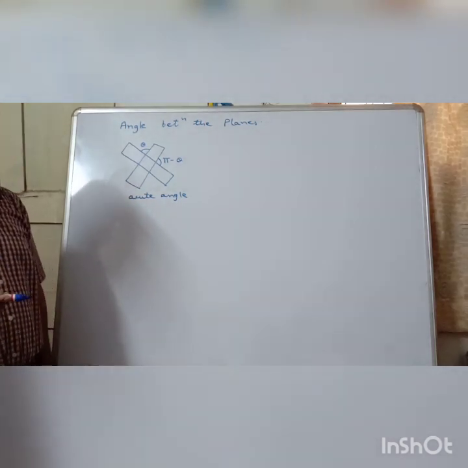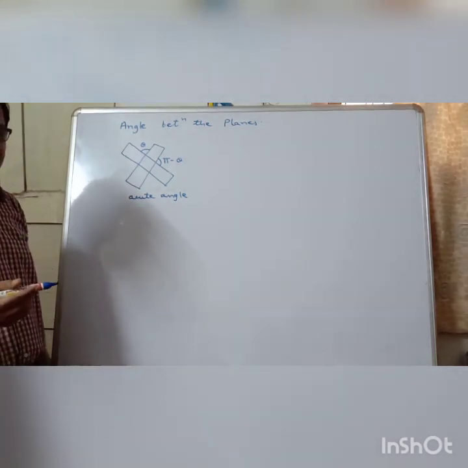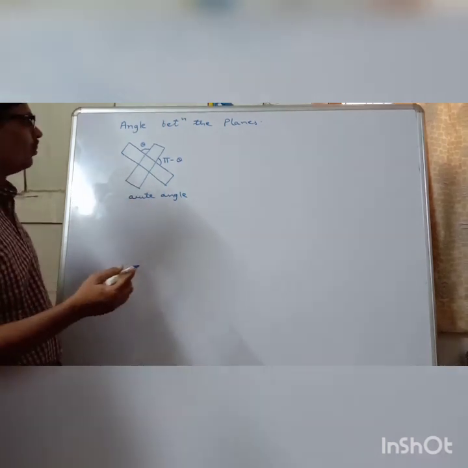Angle between two planes is the same as the angle between their normals.